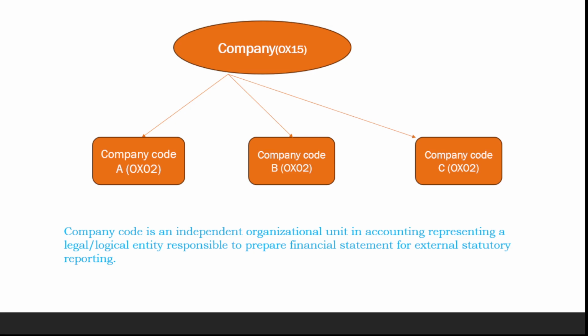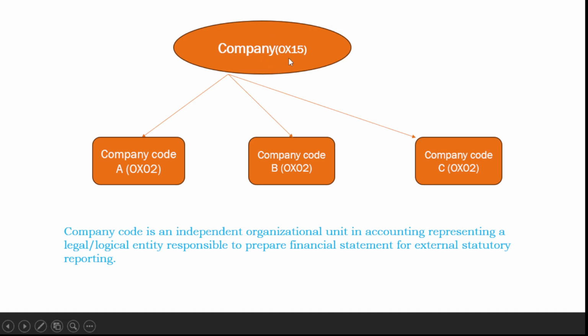And at the company level, our financial statements will be published, or all the financial statements of all the previous company codes will be consolidated. So this is used for your consolidation or grouping of the financial statement purposes.